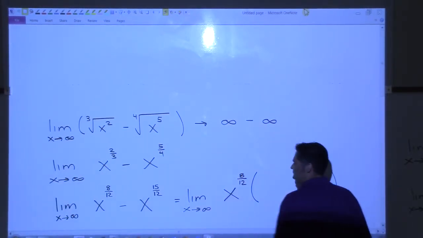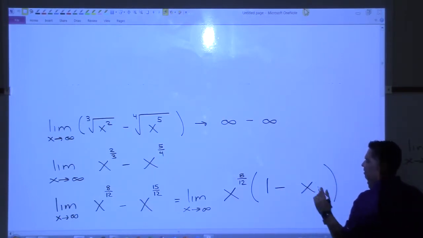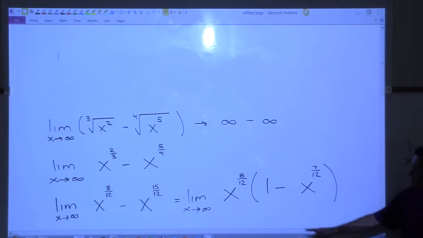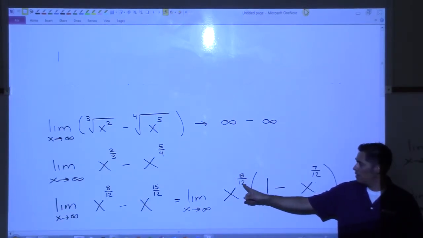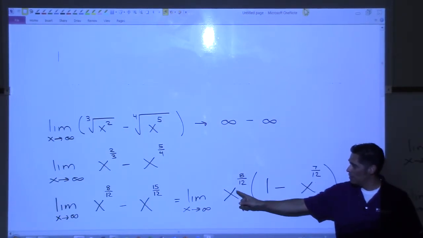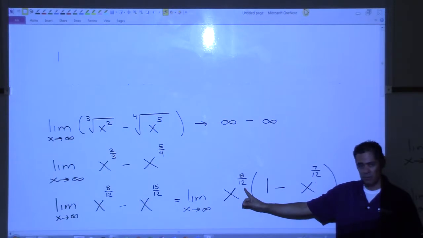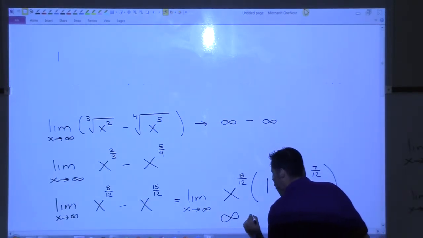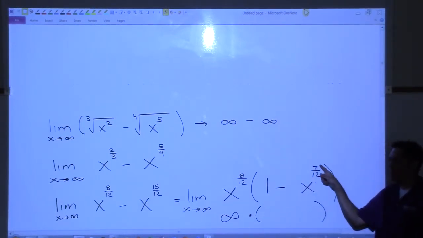And what will that turn the first one into? 1, and then minus, the second one will be x to the 7/12, and now we have it. Because this is infinity raised to that, right? So this is like infinity to the 8th power, take the 12th root, which is still infinity, times, and then this is 1 take away infinity to the 7th power, take the 12th root.